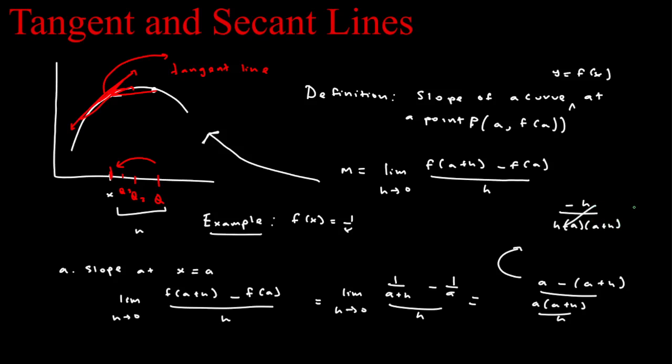These two cancel out, so this is just equal to minus 1 over a times a plus h. And remember, it is the limit as h tends to 0 of this. And so our final answer is just minus 1 over a squared, because this term right here, a plus h, is just going to become a because h is going to 0.